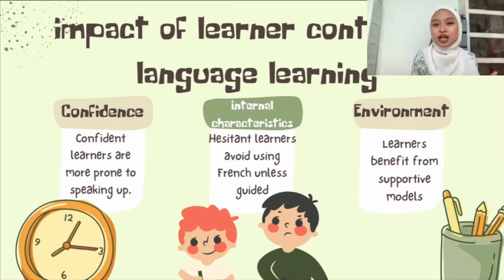So some showed high levels of confidence speaking in French, while others sort of hesitated. And this kind of reflects how the internal learner context can influence the language use, the participation of the students in class, and, well, their overall progress, basically.